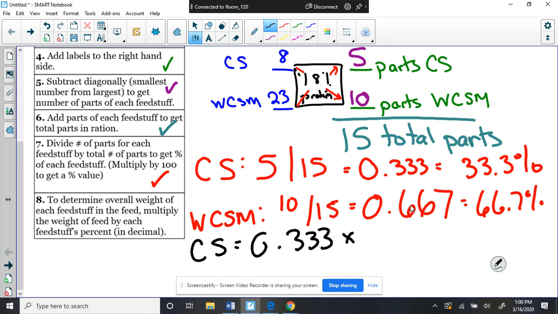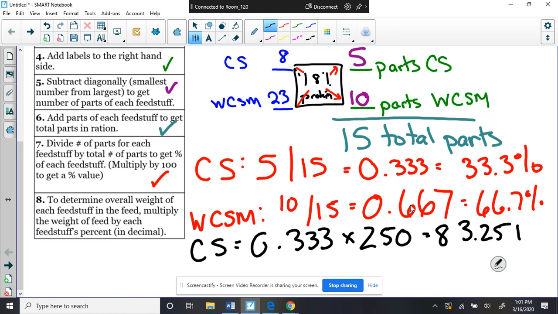So let's say that I wanted to make 250 pounds of feed. Okay, so I'm going to multiply that 0.333 by 250. So when I multiply that, I get 83.25. It is really important to include your labels.